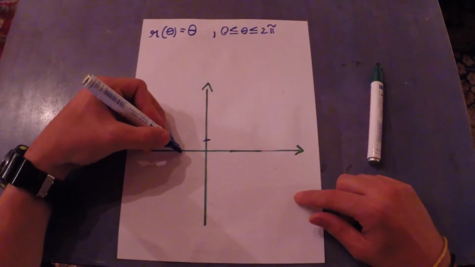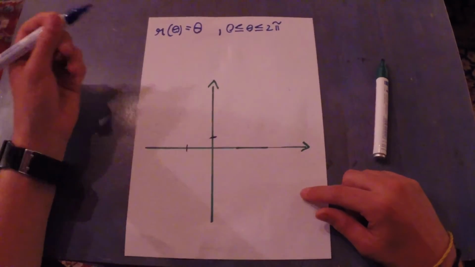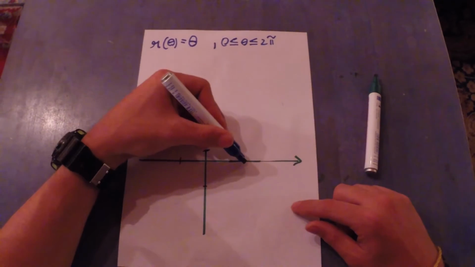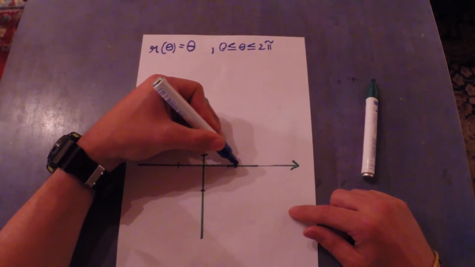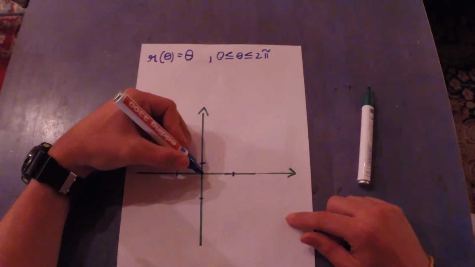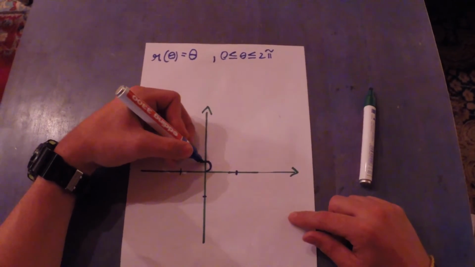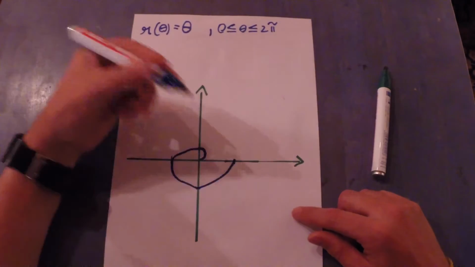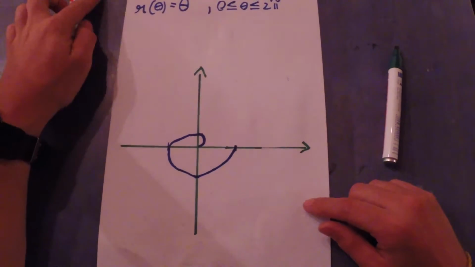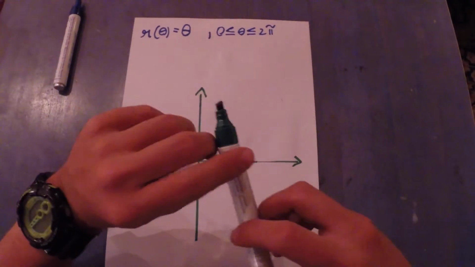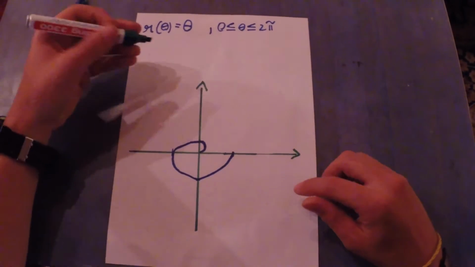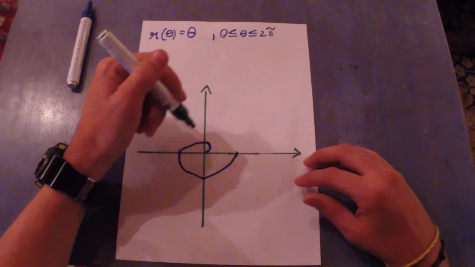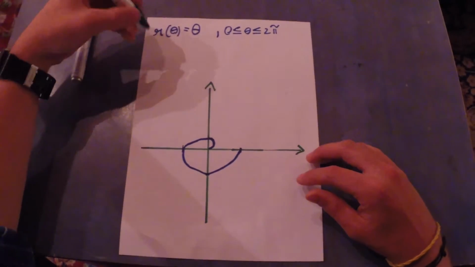For pi, the double, 3 pi over 2 of course, and 2 pi around here. So all this function will just look like a spiral. Actually, the spiral would go on forever, but our limit just simplifies it.